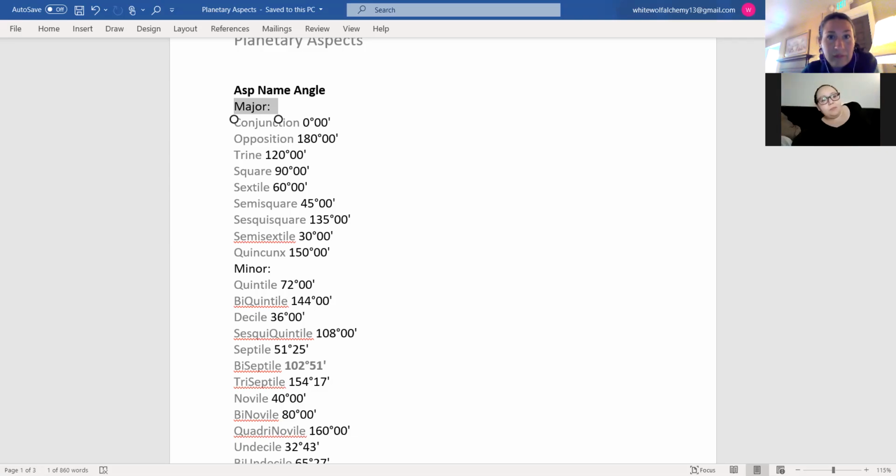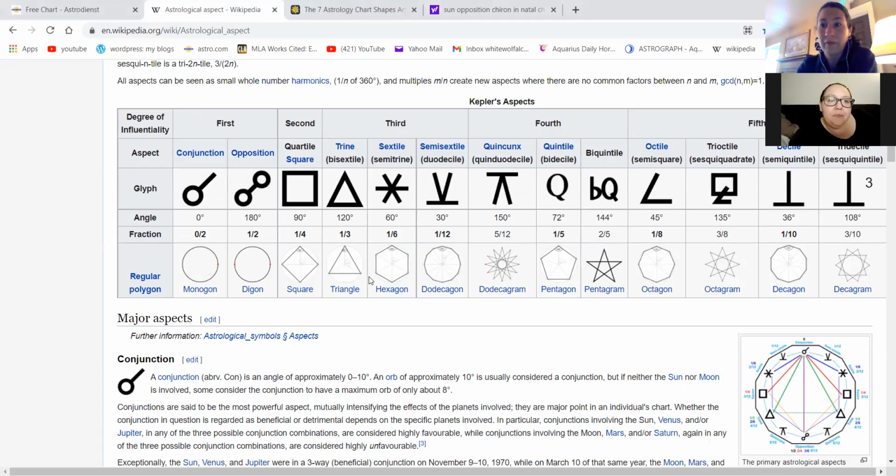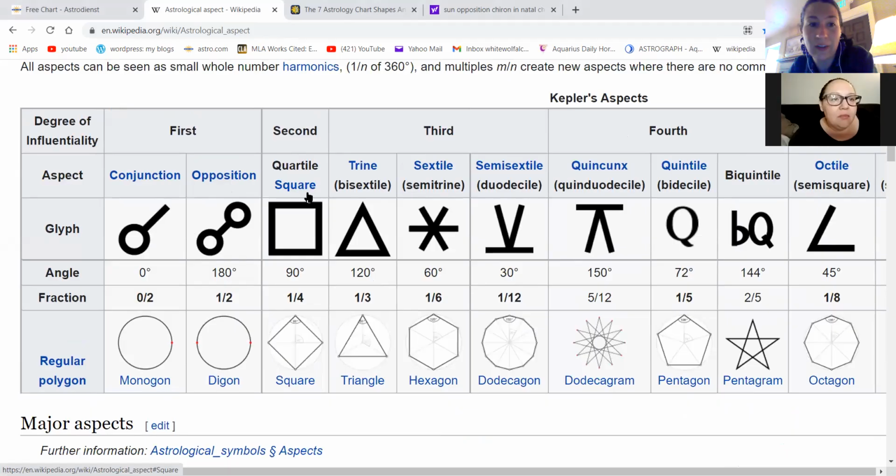Oh. Can you see this? Yep. So this is also a square, but it's also called a quartile, which is the proper name for it.